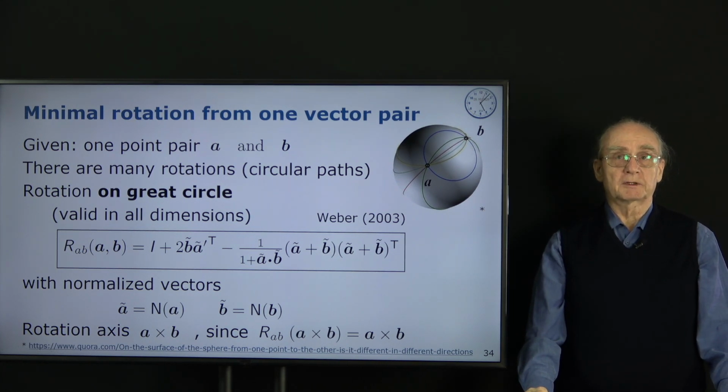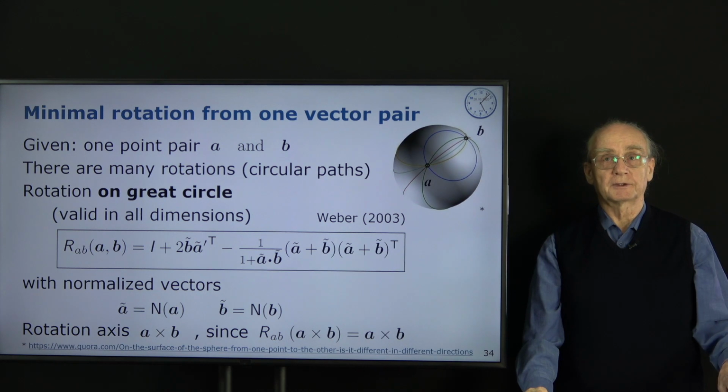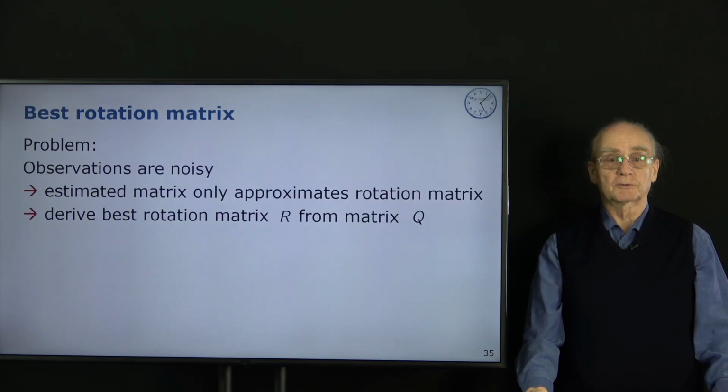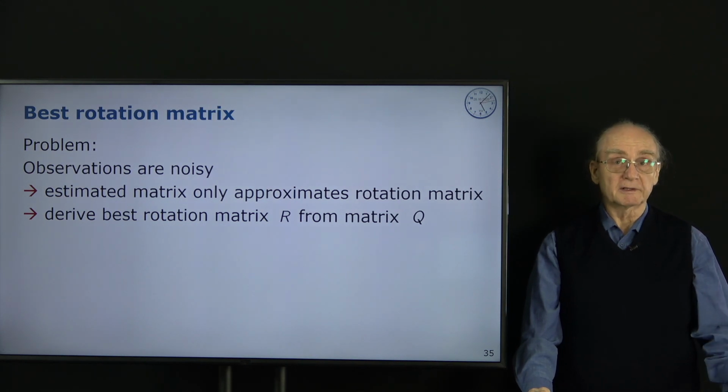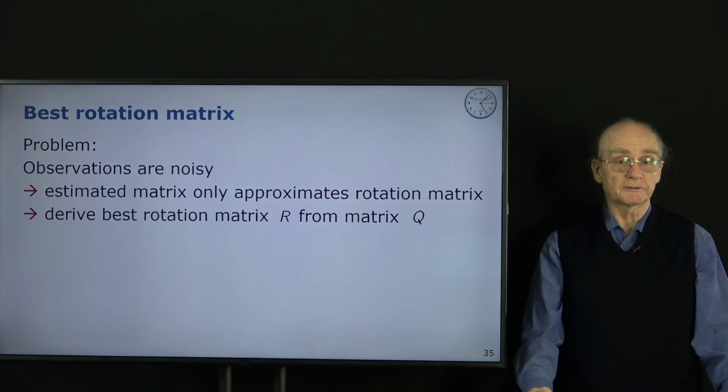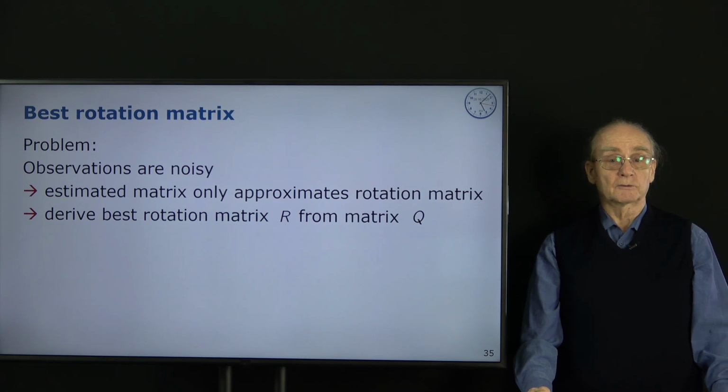Now we have seen that we can derive the rotation matrices from 3, 2, and 1. And of course we have the case of more than 3 corresponding points. And we did this already using the Cayley representation. Now, what happens if the matrices which we derive are not rotation matrices because our given data are uncertain?